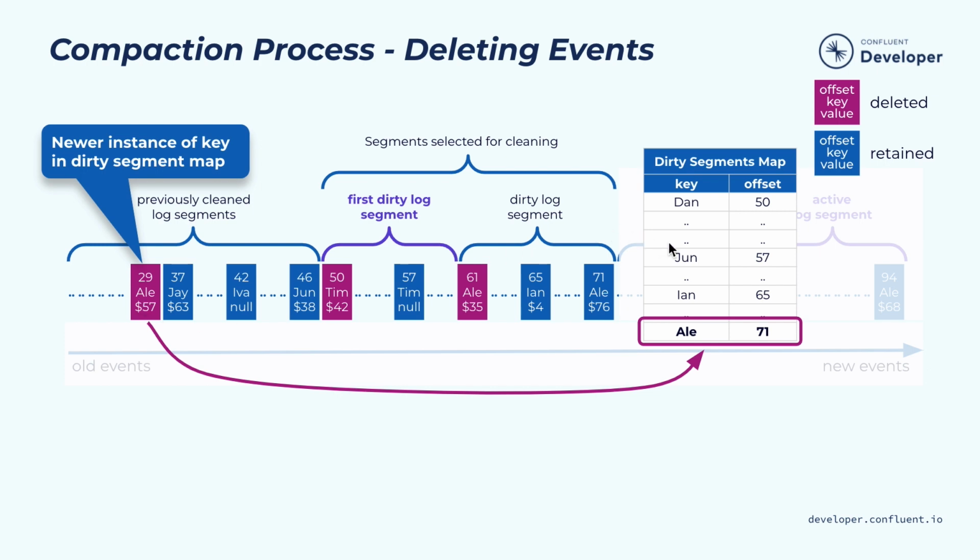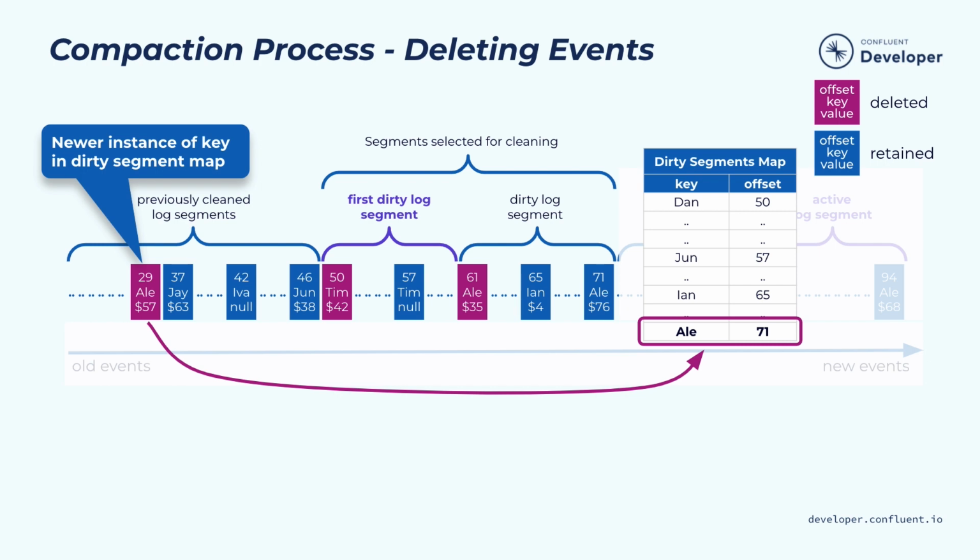If the key is not present in the map, we know this record is still the latest for this key, and we retain it. If the key is present in the map, we compare the record's offset with the offset stored for the key in the offset map. If the record offset is higher or equal, we know this record is still the latest record for this particular key, and it will be retained.